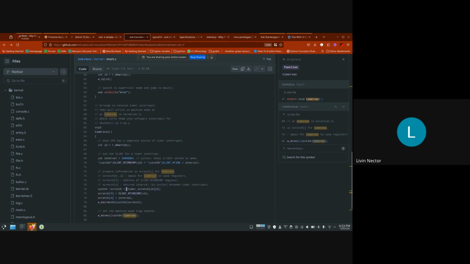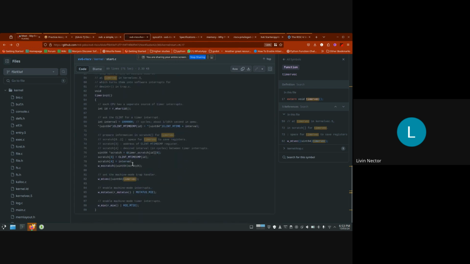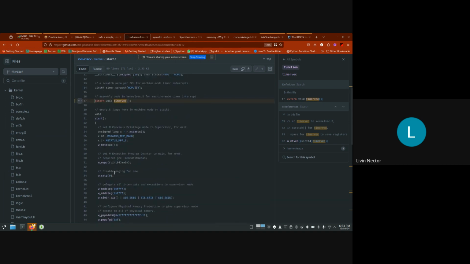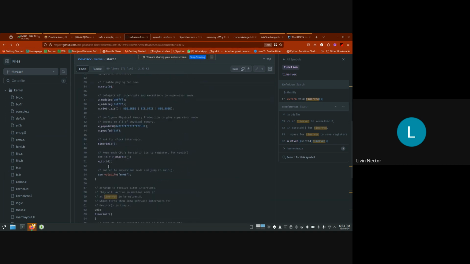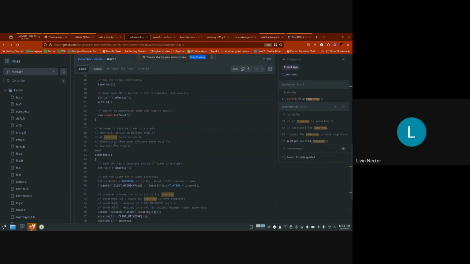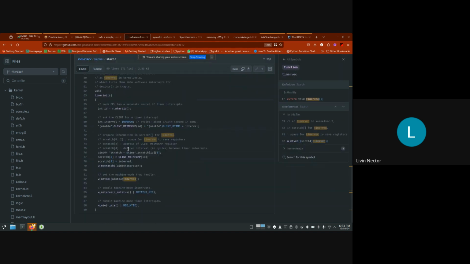So this is the timer init function. That's just the interval, and kernel work.